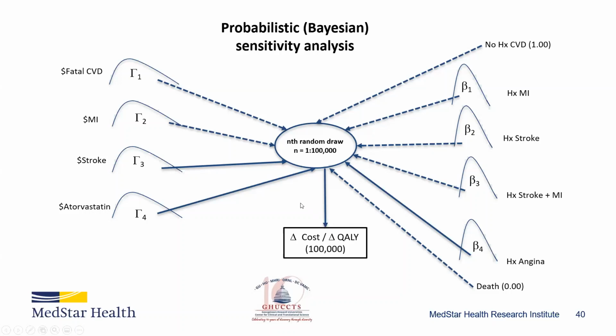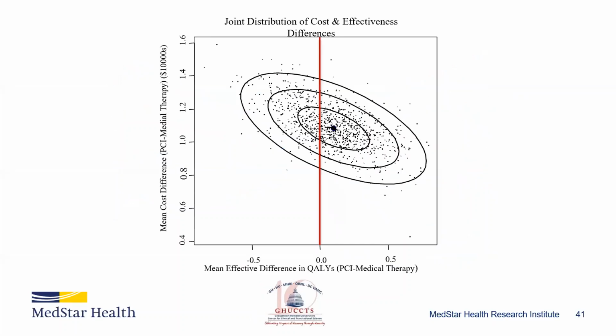Okay, so when we run our simulation, we come up with a picture that would look something like this, a contour plot, where we have the mean cost difference on the vertical axis and the mean effectiveness difference on the horizontal axis.